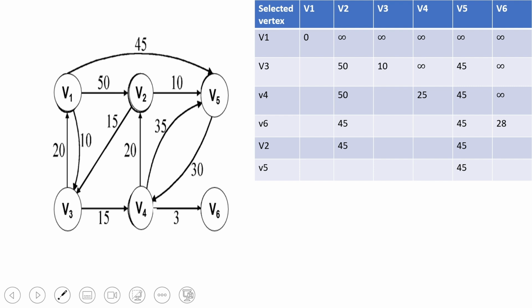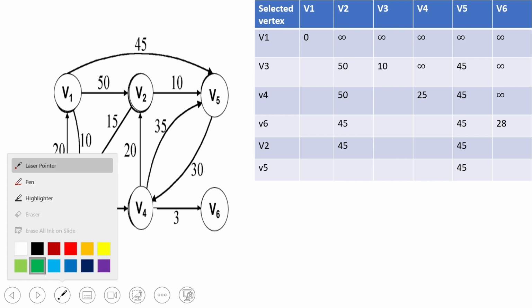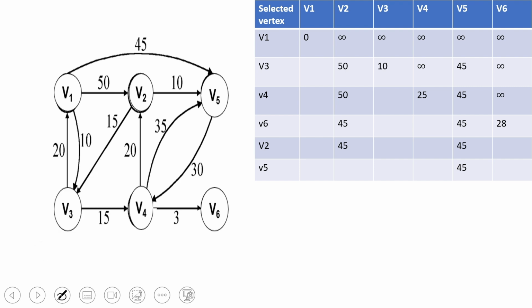Now coming to shortest path. Let's take a symbol like a pointer which points to that particular value. If they are asking about the shortest path from V1 to V2, see, V1, V2, this is the path, right? Here we'll take a pointer.